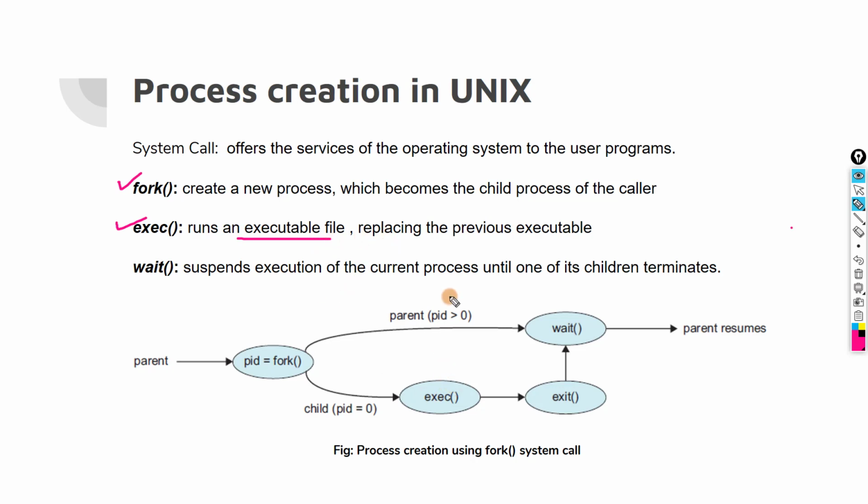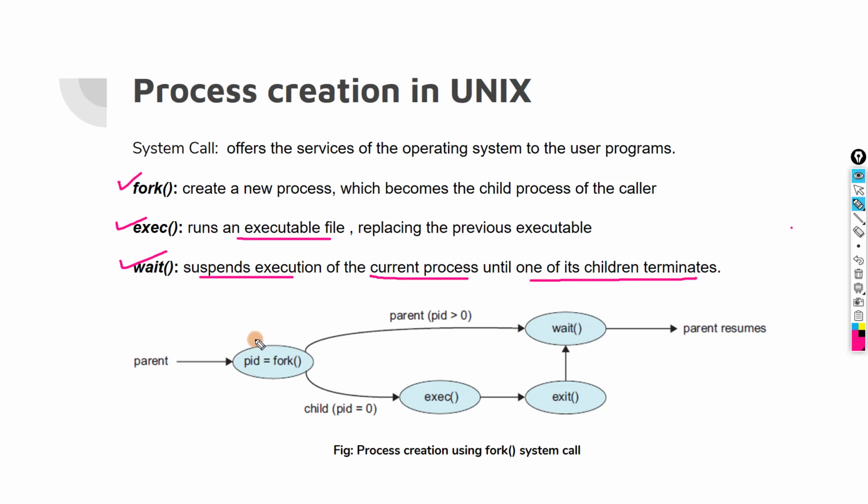Exec replaces the previous executable file in the processor, or in the CPU. And wait is another function that suspends execution of the current process. This system call pauses the current execution until one of its children terminates.